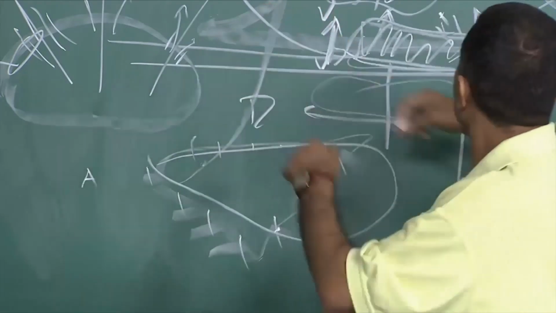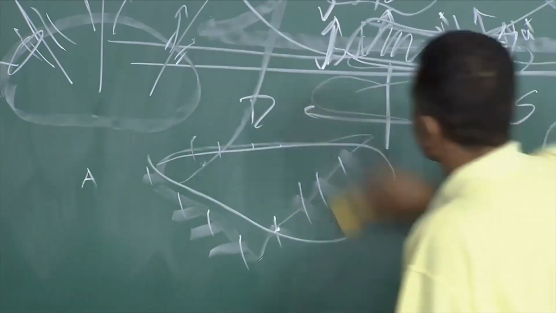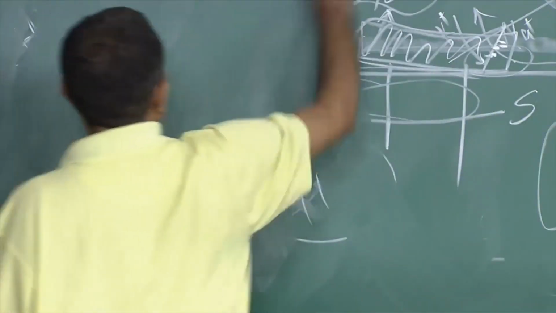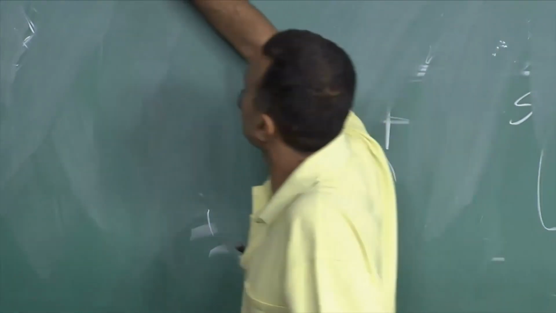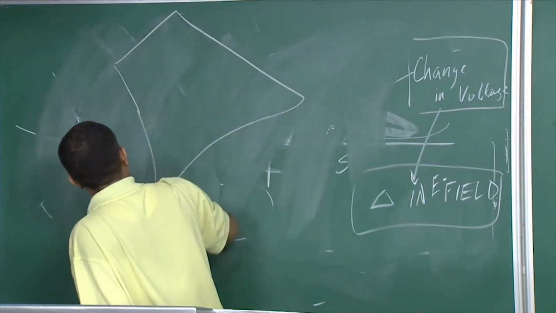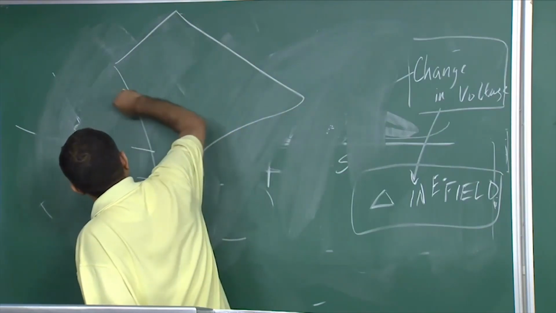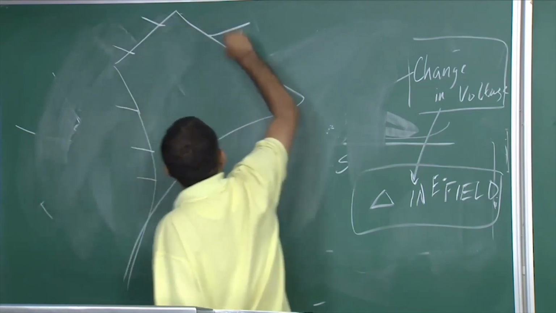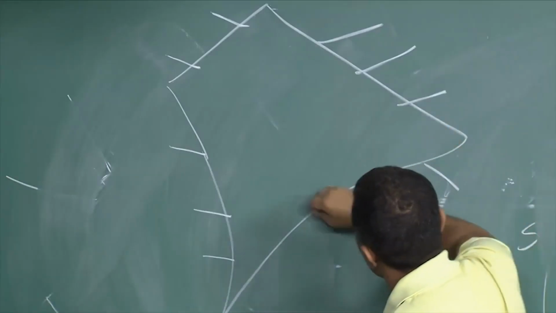Say for example, let us see a hypothetical situation. In a neuronal network, if you could grow a wonderful network on top of an FET, say this is the neuronal cell body which is involved, and you have a gate here, you have a gate here, you have a gate here, you have a gate here. All these are different zones where the gates are.